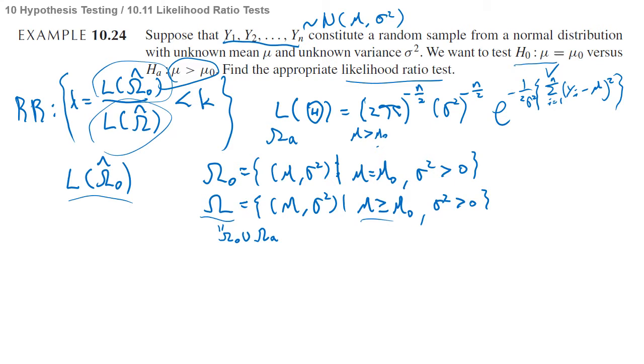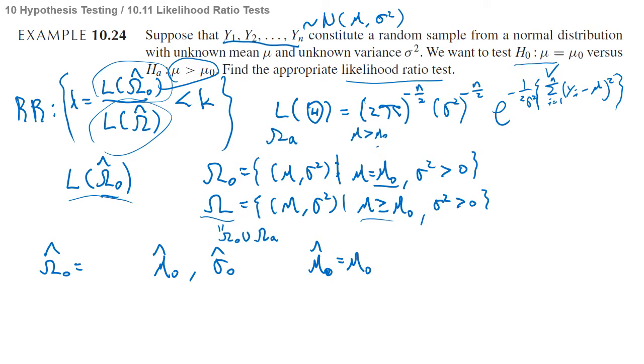So let's calculate the likelihood from here. Let's calculate mu 0 hat and sigma square 0 hat, which is the MLE under the null hypothesis case. Since we have one mu 0, mu 0 hat is mu 0.